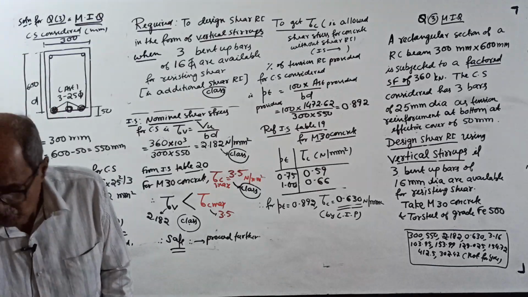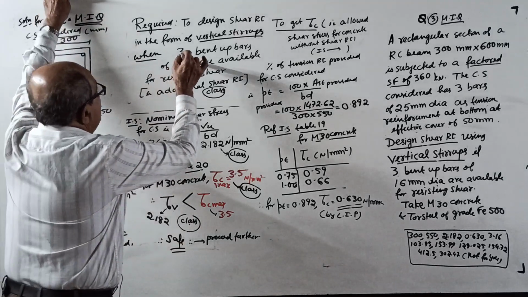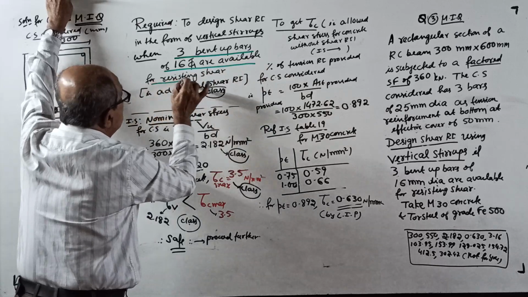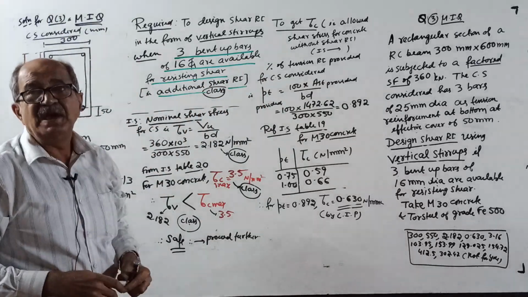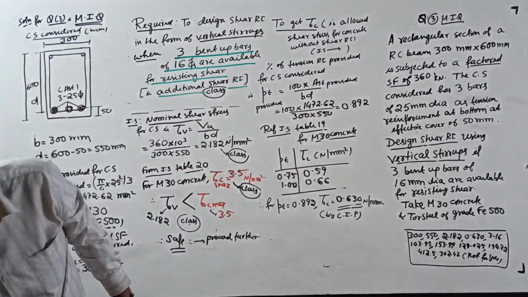Okay, now I do one thing. To understand correctly, the bent up bar, I will use green color. This is a new guest appearance now. Remember, some extra help is available if required. Start.